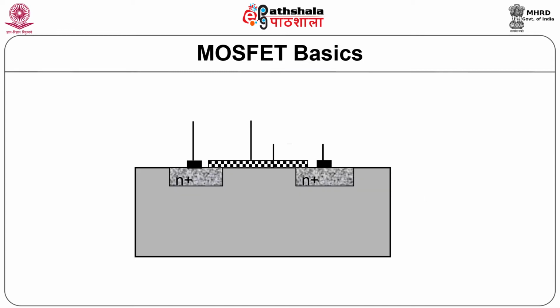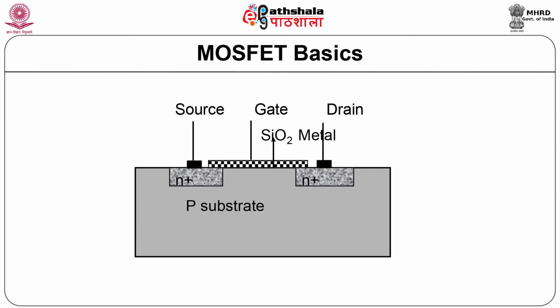MOSFET basics. Two N-type regions known as the source and the drain are diffused into a P-type substrate. A thin layer of silicon dioxide is grown over this, and by masking, etching and metallization processes, metallic contacts are taken from the source and the drain, and a metal gate is formed above the dielectric layer.